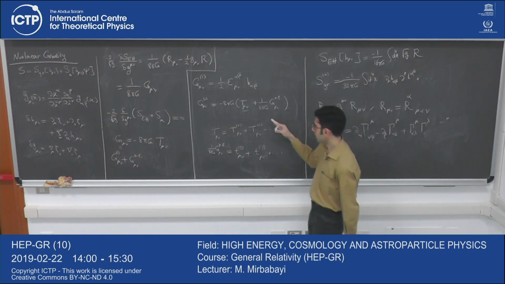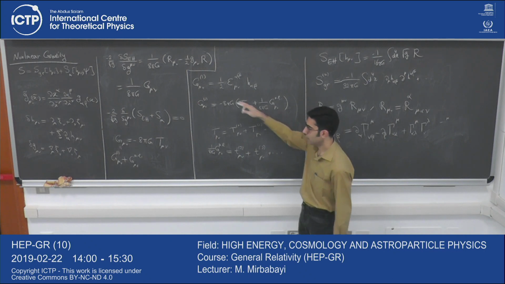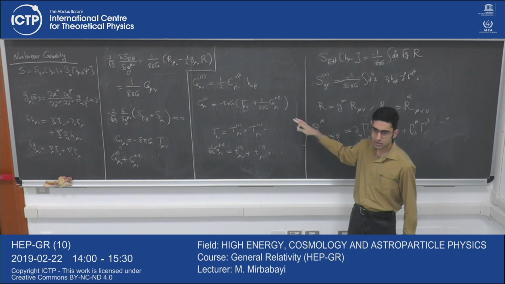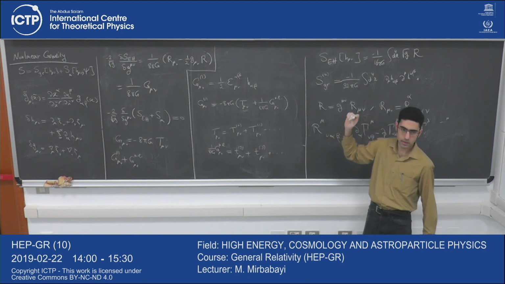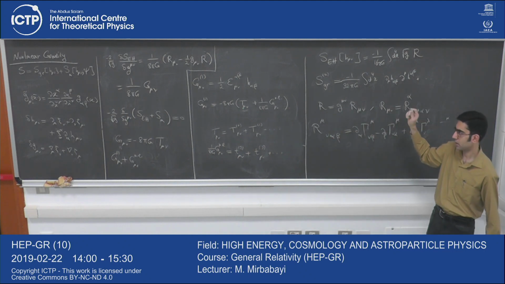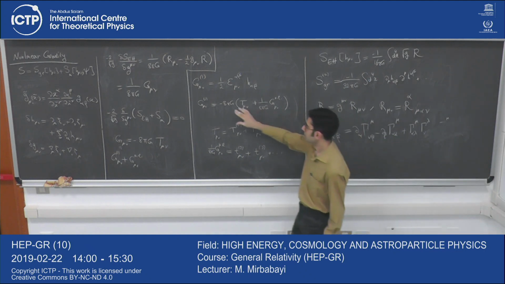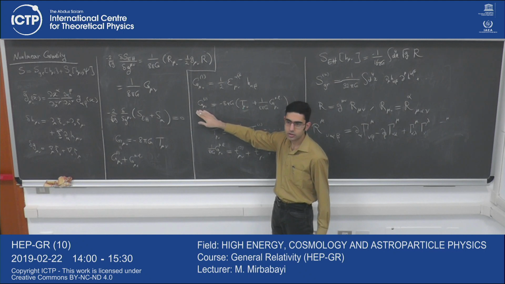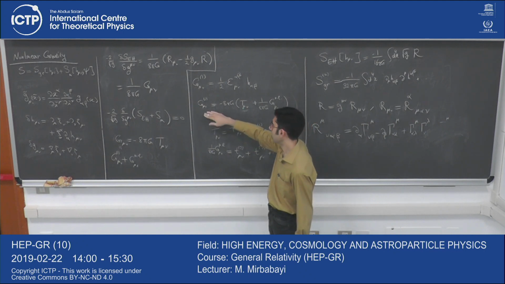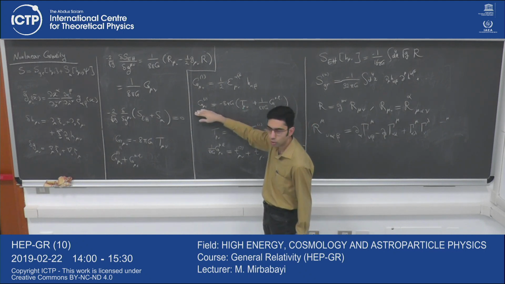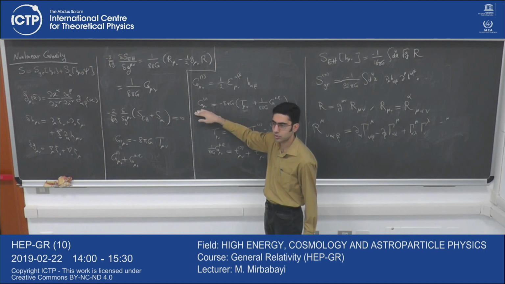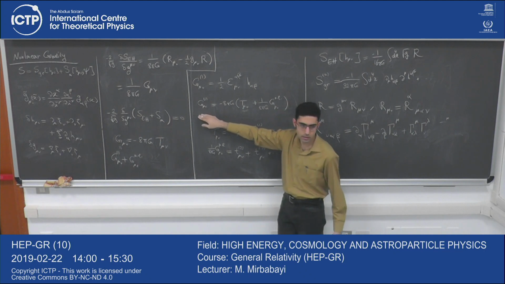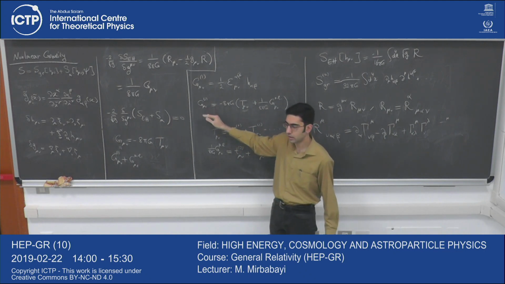So what we have done here is that we basically achieved the expression that we were looking for at the beginning of the previous lecture. We said that we have the linearized homogeneous equation for h mu nu with the property that it is identically conserved.